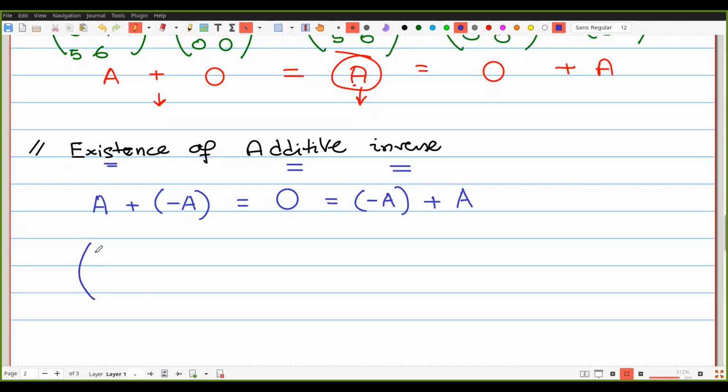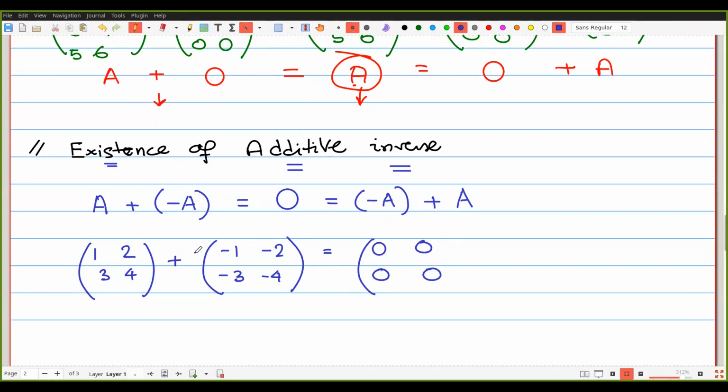Suppose we have 1, 2, 3, 4. So obviously its inverse would be -1, -2, -3, -4, and the sum is 0, 0, 0, 0, that is 1 minus 1, 2 minus 2, 3 minus 3, 4 minus 4. At that moment, I am subtracting directly, but we will proceed with the subtraction later.